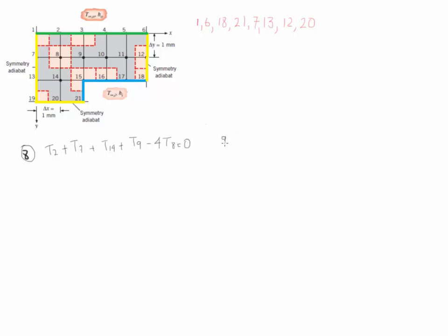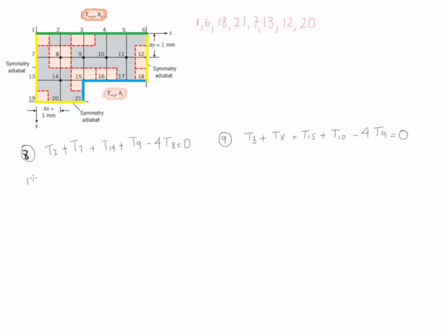For node 9, the surrounding nodes are 3, 8, 15, and 10. Therefore, the equation becomes T3 plus T8 plus T15 plus T10 minus 4 times T9 is equal to 0.